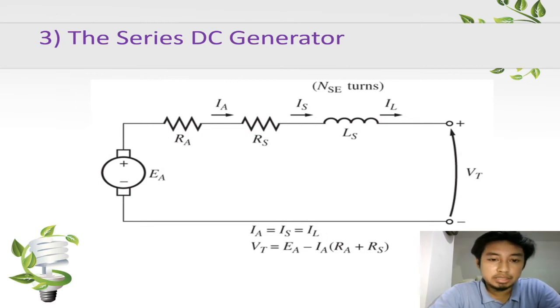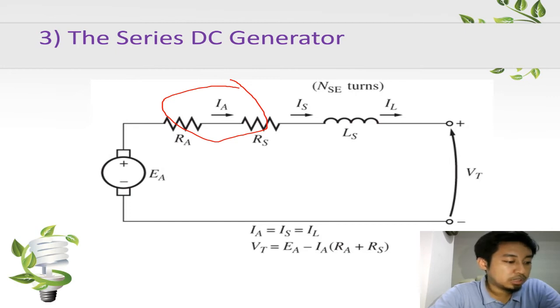Since the armature has a higher current than the shunt field, the series field in a generator of this sort will have only a few turns of wire, and the wire used will be much thicker than the wire in the shunt field.